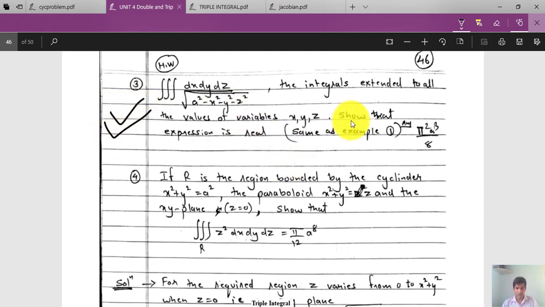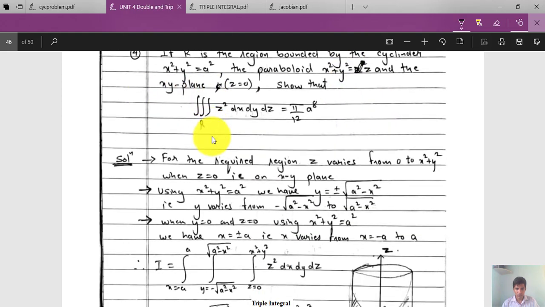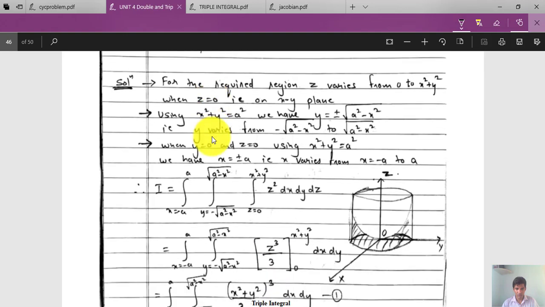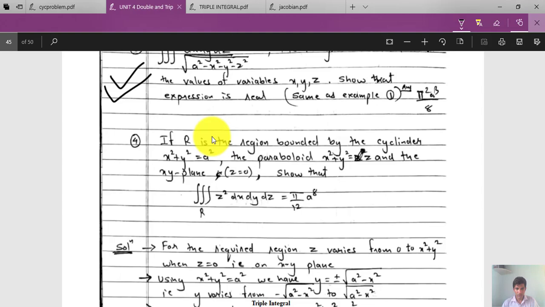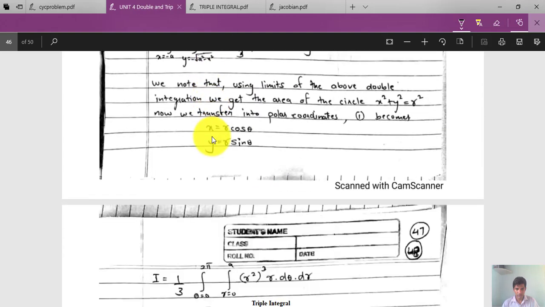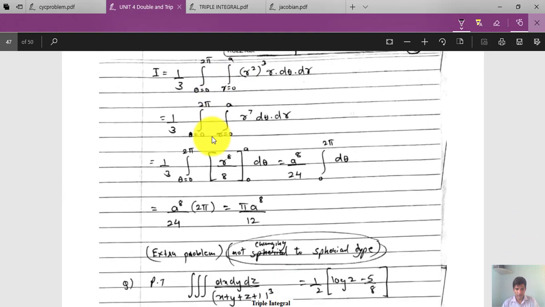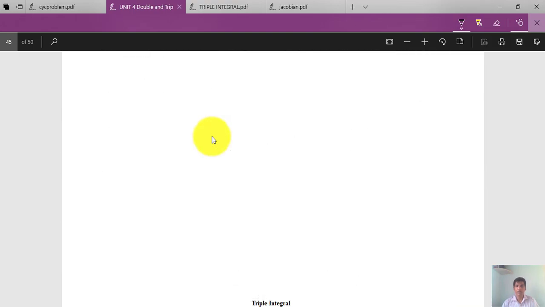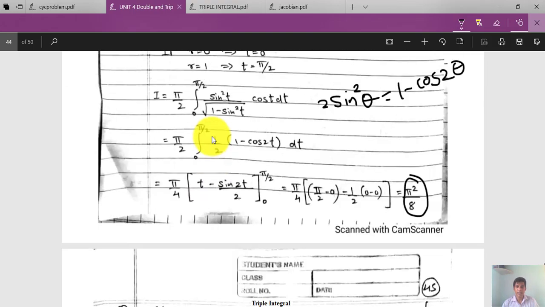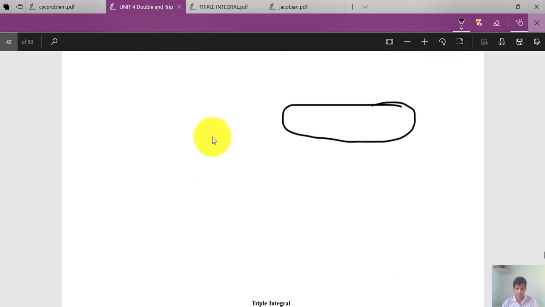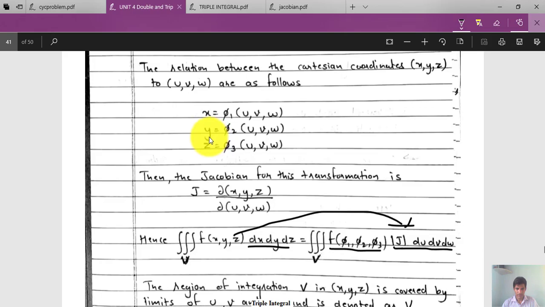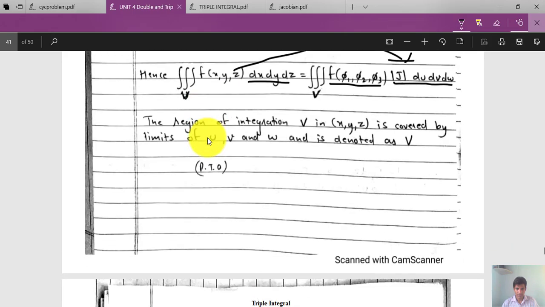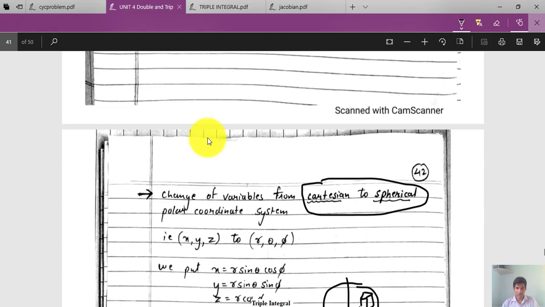At any instant if you are not able to do it, then I am there to help you out. And this particular problem comes in application, okay. What you should understand is the change of variables that I was discussing, okay.